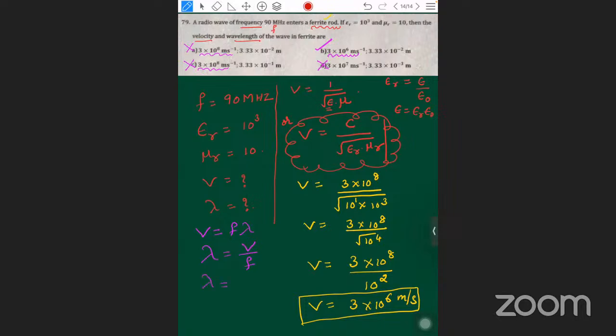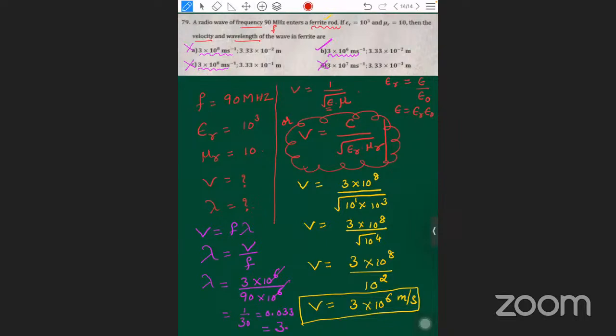So lambda is equal to V divided by F. 10 power 6 will get cancelled out. What is 3 divided by 90? It is 1 by 30. 1 by 30 is nothing but 0.033 recurring.